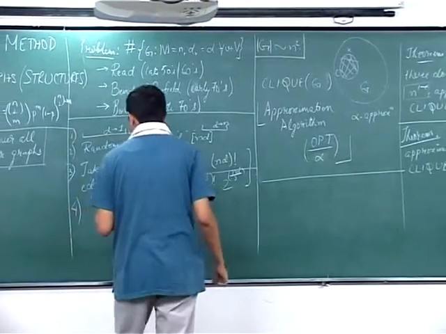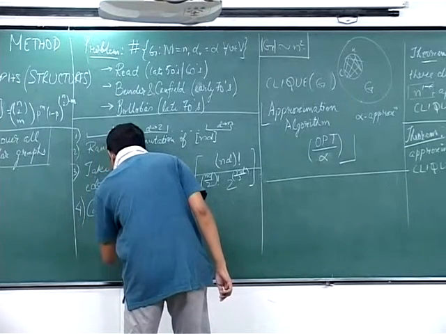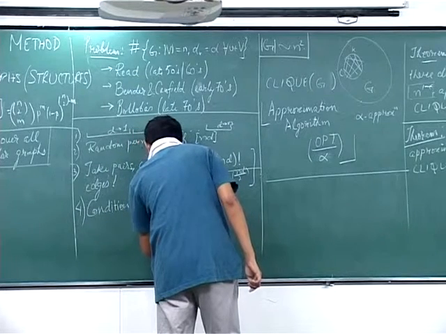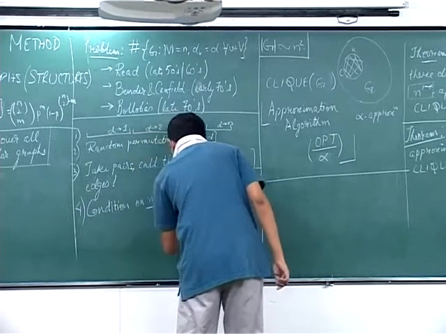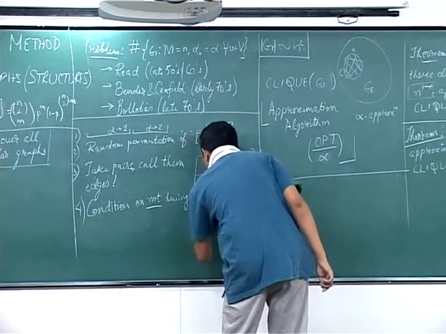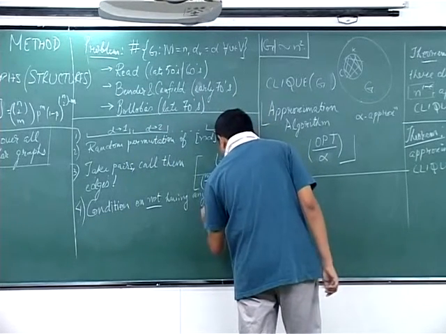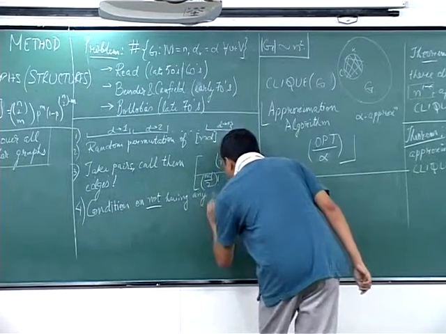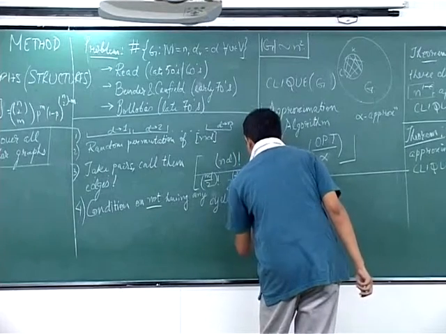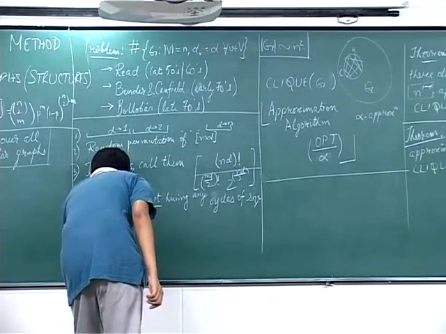So what you do is you condition on not having any multiple edges or self loops. So I can say they are all cycles of size 1 or 2.